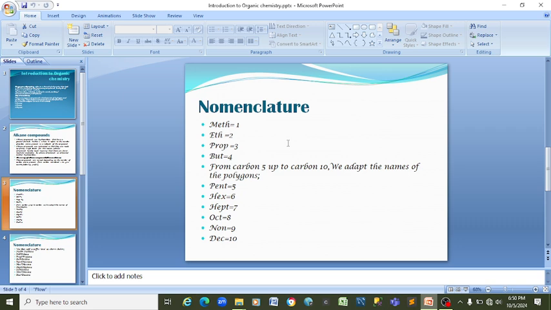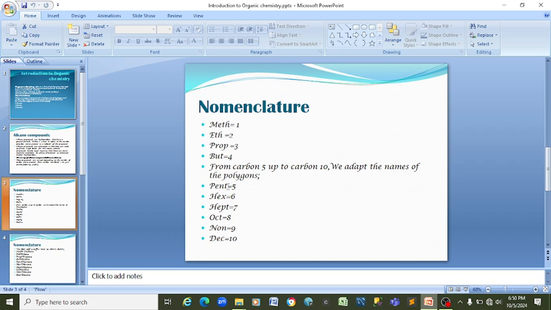For the carbon atoms ranging from number 5 up to number 10, we are going to adapt the names of polygons. We all know that the five-sided polygon is called a pentagon. So here, the gon is going to be removed, and we just take the first part.